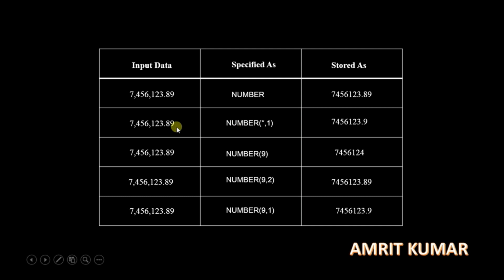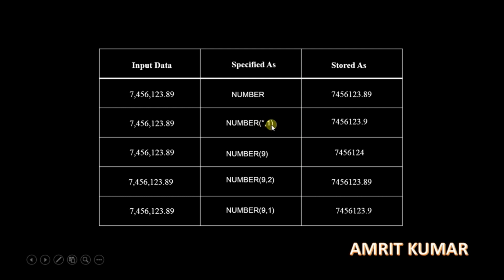If the user is providing us 7456,123.89, then, because we have used the data type like this, number(*,1), the precision is all, and in precision the maximum size is 38. So it can store data up to 38 digits.